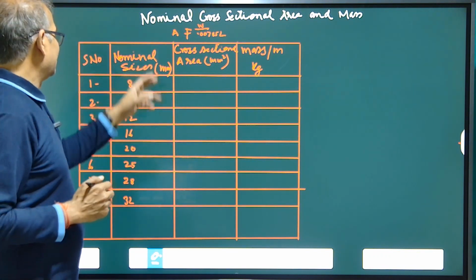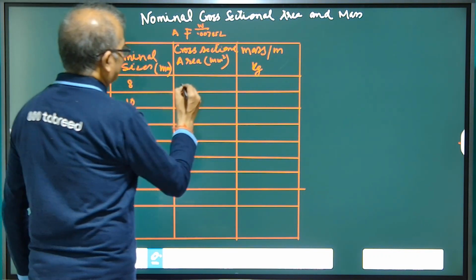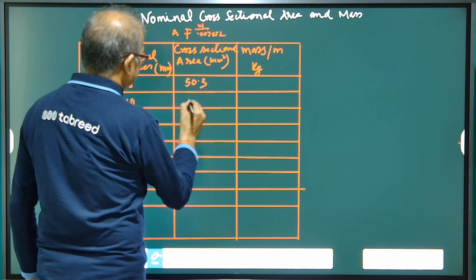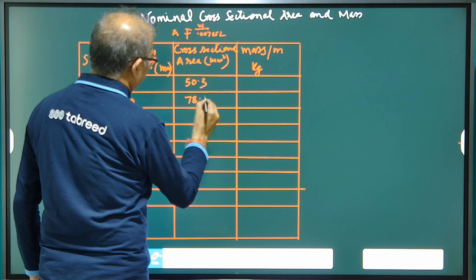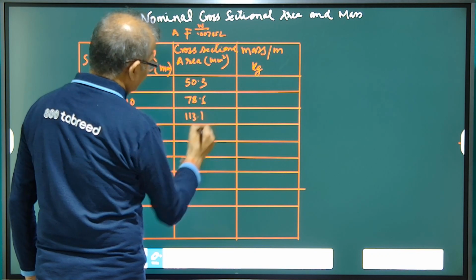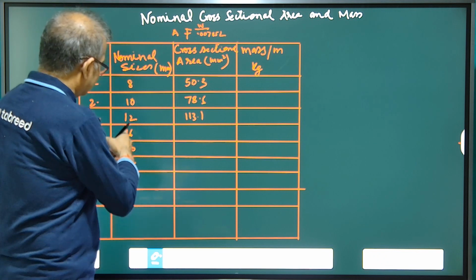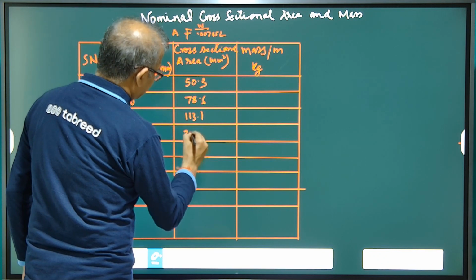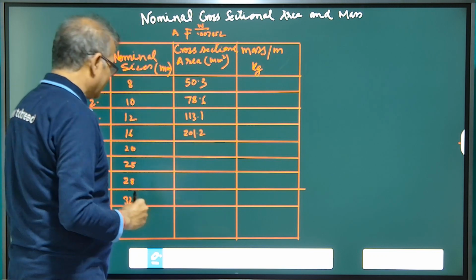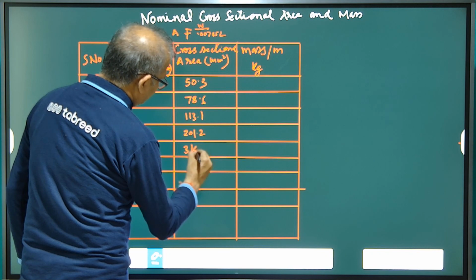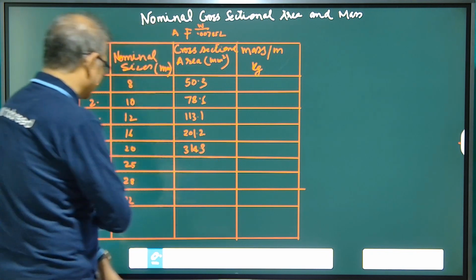We find for 8 mm the cross-sectional area is 50.3 mm square. For 10 mm 78.6 mm square. For 12 mm it will be 113.1 mm square. For 16 mm it will be 201.2 mm square. For 20 mm it will be 314.3 mm square.